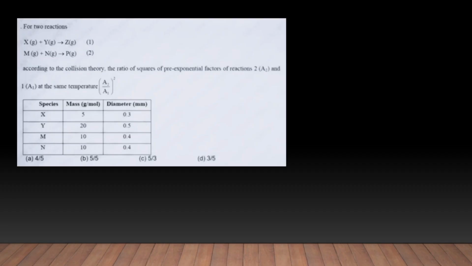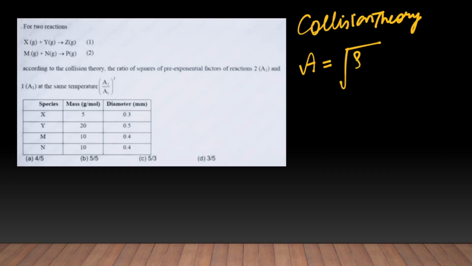So we know that for the collision theory, the pre-exponential factor that you have is root of 8 kBT by pi mu into pi sigma square into Na into rho. This is the pre-exponential factor that we have, right?